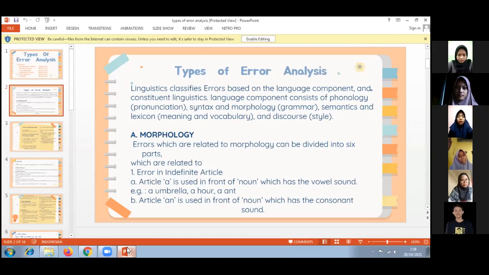Errors related to morphology can be divided into 6 parts. The first is error in indefinite article. A. Article a is used in front of a noun which has the vowel sound. Example: umbrella, hour. B. Article an is used in front of a noun which has the consonant sound.